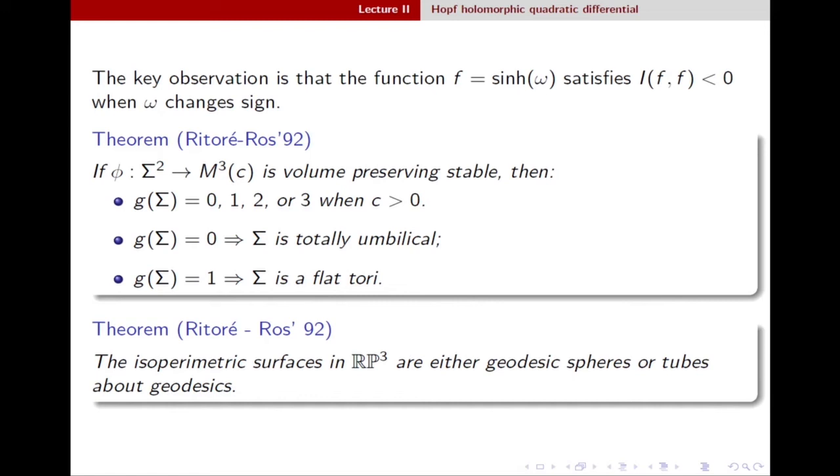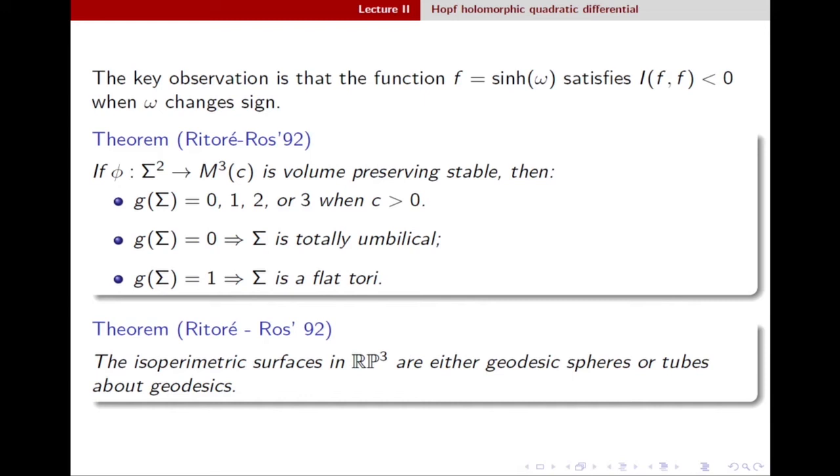So if it does not change its sign, of course that implies the surface is flat, right? And so that is just a variation that you can do with this function, just to make sure that it has average zero over the surface, but that won't break down this interpretation. And so that's how you prove the theorem we mentioned earlier.